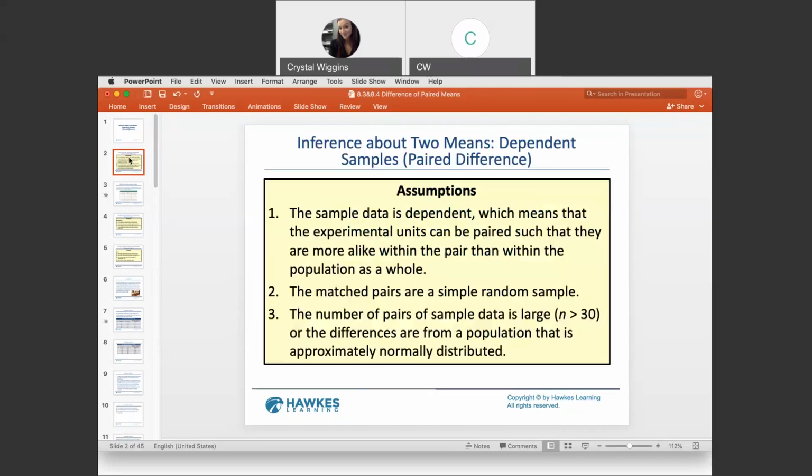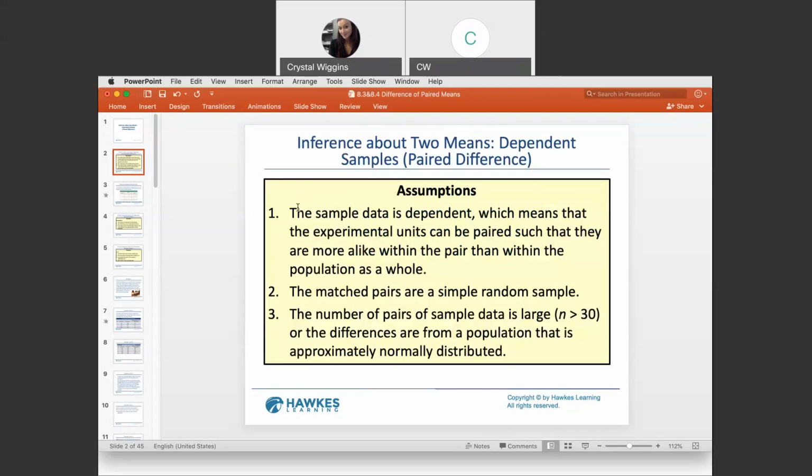Let's talk about the assumptions, because again, we're in advanced stats now, so the assumptions are something we need to get more and more comfortable with looking for in order for us to handle real data in the real world, and not these preformed problems that make it all nice and pretty in a stats textbook.